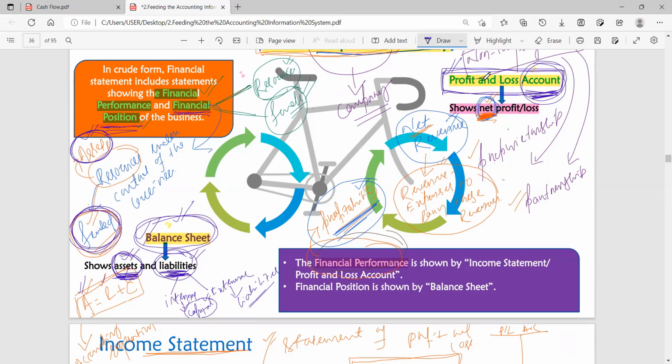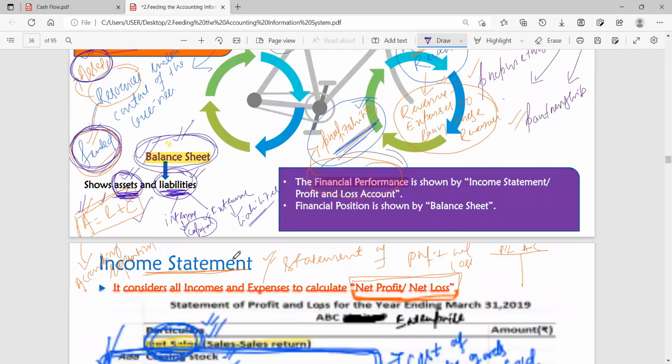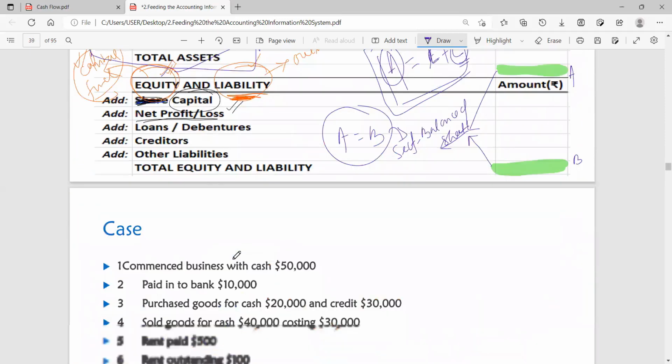When you prepare it in T format, a ledger format, you call it the profit and loss account, which shows net profit, basically the net revenue. The other statement is the balance sheet, which shows basically the resources and funds of the business, and it is built on the fundamental concept of the accounting equation: asset equal to liability plus capital. That's the theory and a very, very important part of financial statement understanding.